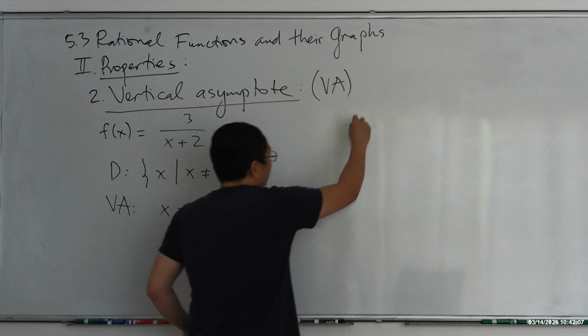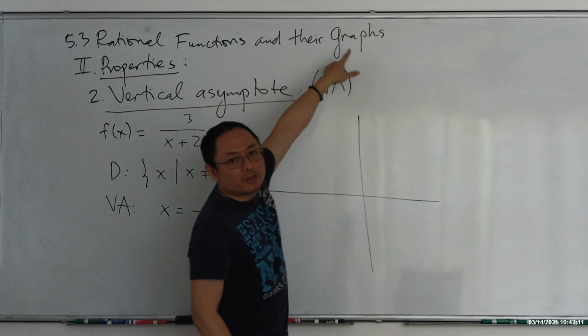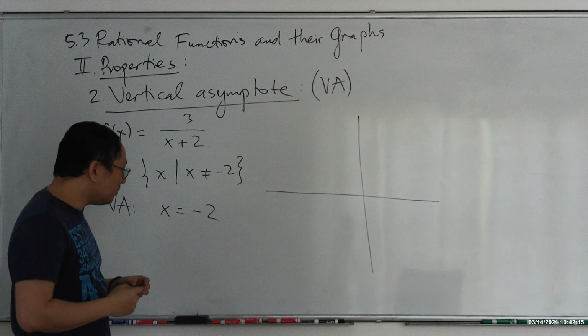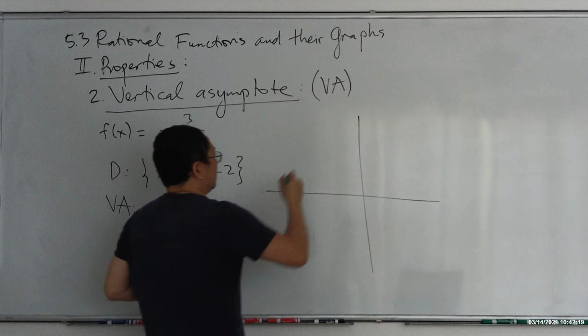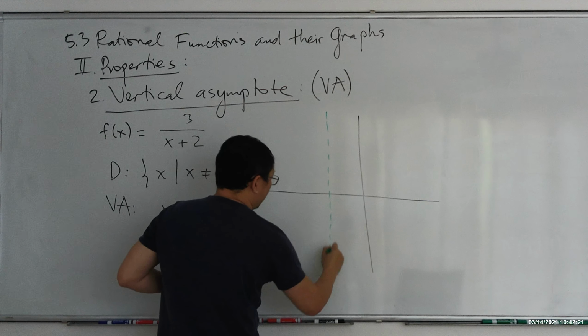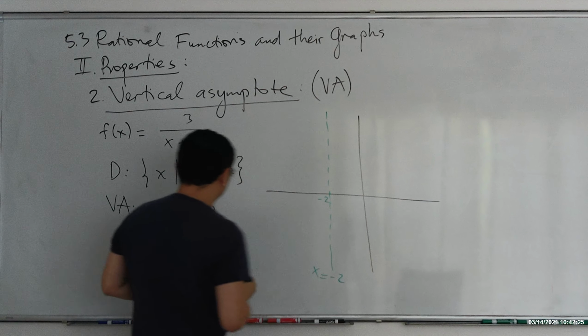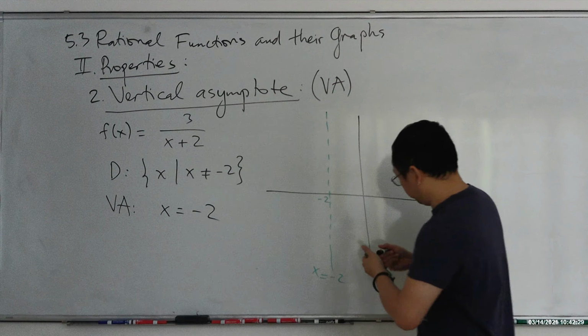And the graph is like this. Rational functions and their graphs, I'm not separating them; we talk about them together. Let me use green color. This is the vertical line x equal to -2. And the graph of this function is this.